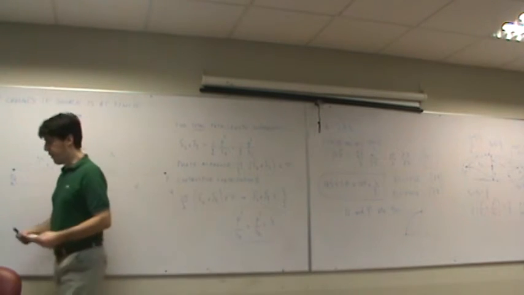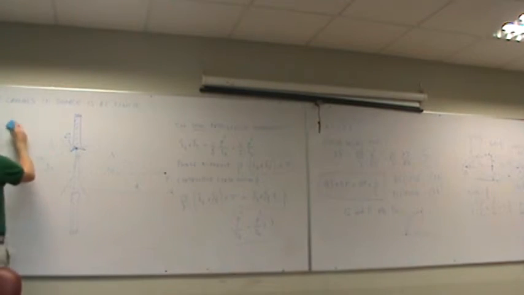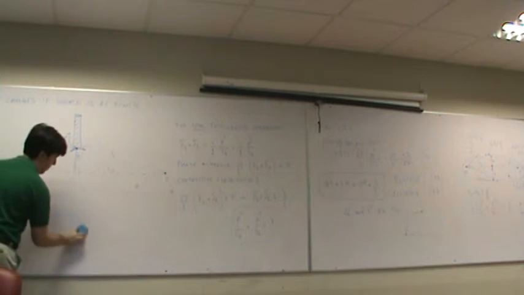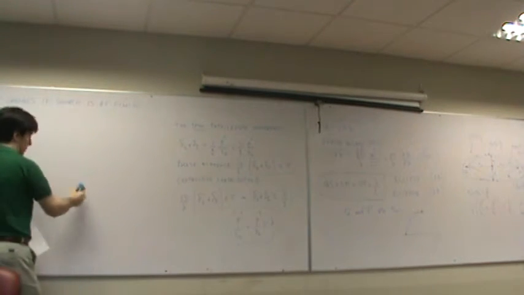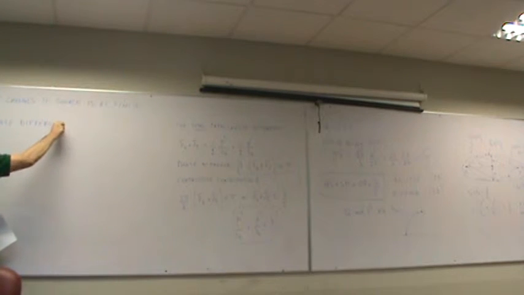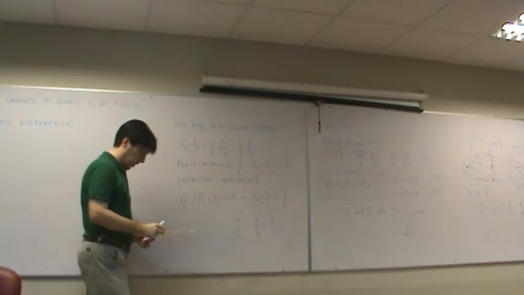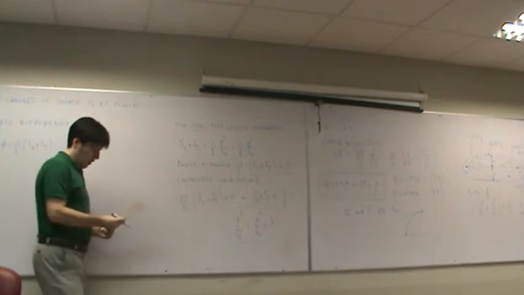Okay, there is one last step we have to do. If we calculate the phase difference, that's beta times delta 1 plus delta 2.